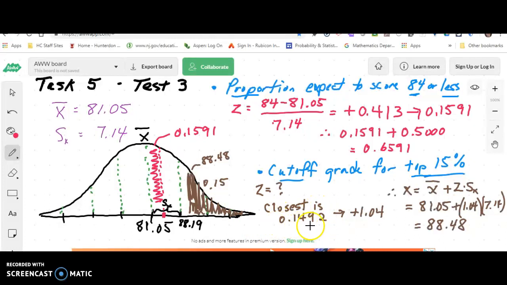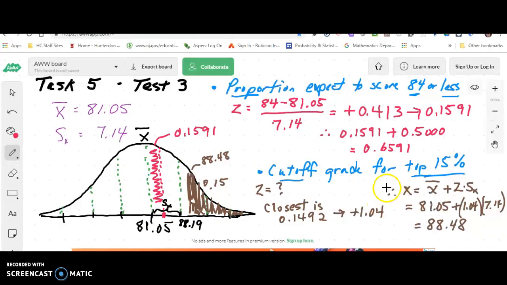That was the value that I found to be closest to 0.15. And the z-score that led me to that, if I move to the left on the table, is a positive z-score of 1.04. I know it's positive because my value, in order to be in the top 15%, must be higher than the mean. Since it's higher than the mean, it must be a positive z-score.